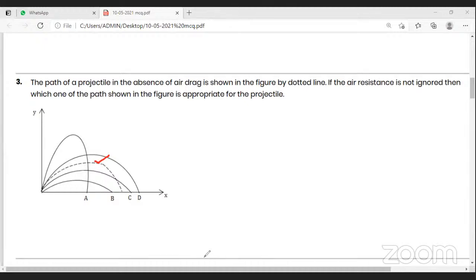Okay, if the air resistance is not ignored, then what will happen to this path? Which of the following paths will indicate the correct one? First of all, whenever air is present, if it is the path of the projectile, definitely height will decrease.